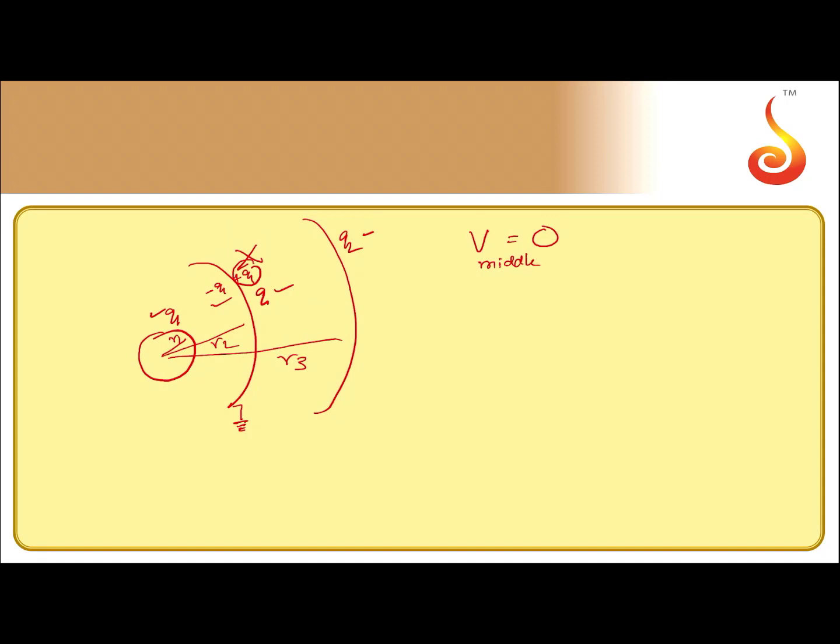Potential of the middle conductor is because of potential due to the inner conductor, potential due to the middle conductor, plus potential due to the outer conductor. These three add to 0. Remember, this is the net potential, which is 0. Potential due to the inner conductor is K Q1 divided by R2.